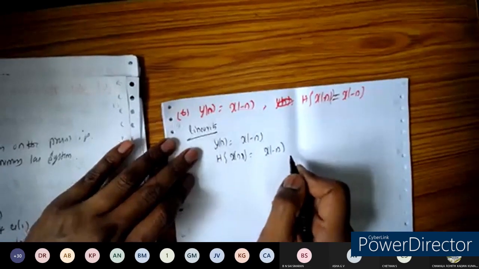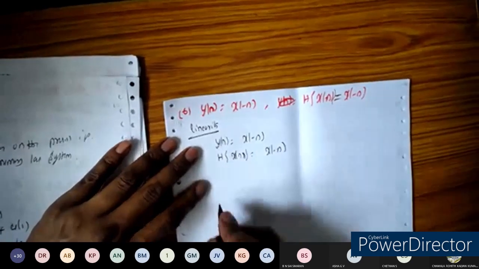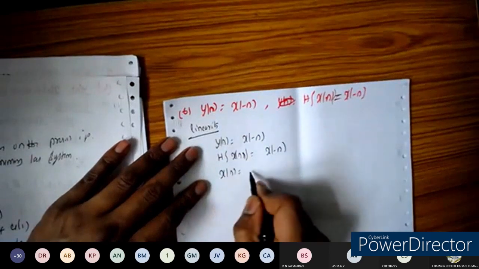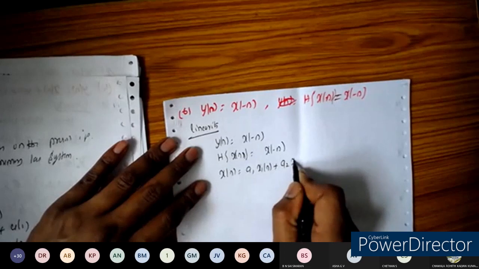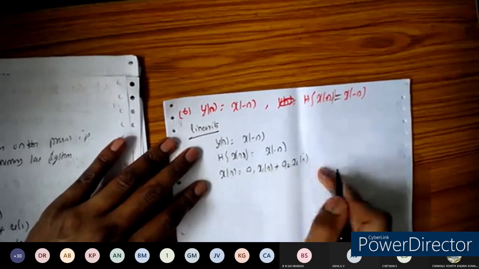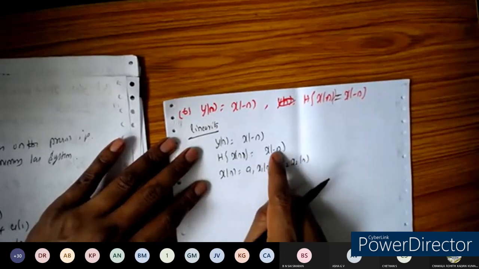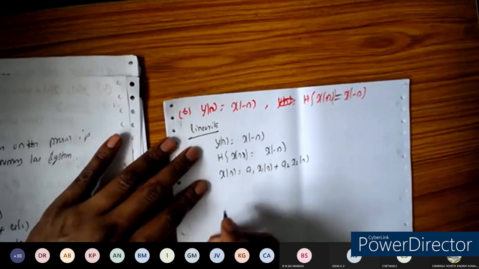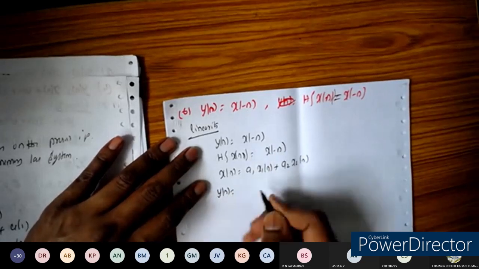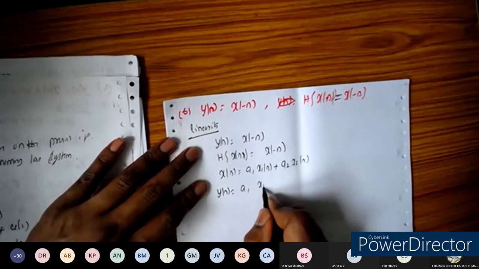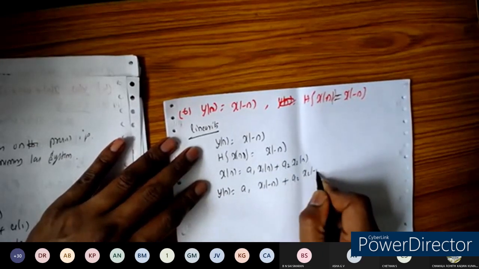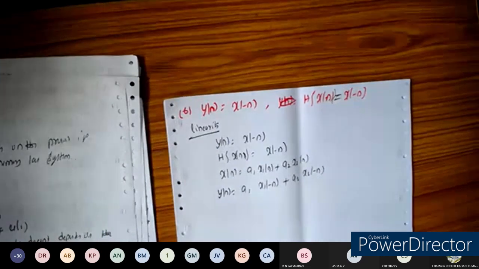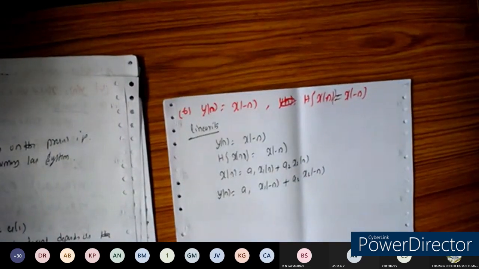Now let us substitute x of n equal to a1 into x1 of n plus a2 into x2 of n. Wherever n is there, it is replaced by minus n, so the output is y of n equal to a1 into x1 of minus n plus a2 into x2 of minus n.